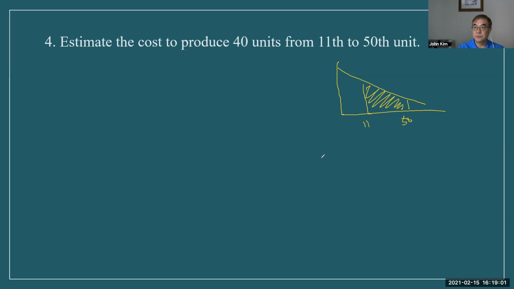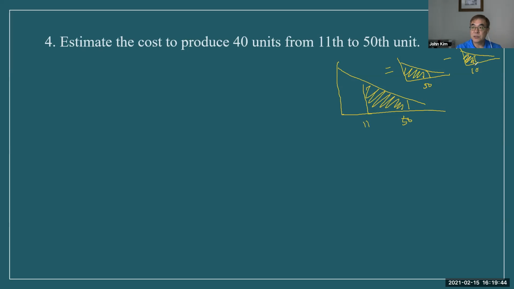Because the cumulative improvement factor gives from 0 to a certain number, you should get up to 50 minus up to 10. Because this one asks you to find from 11 to 50.